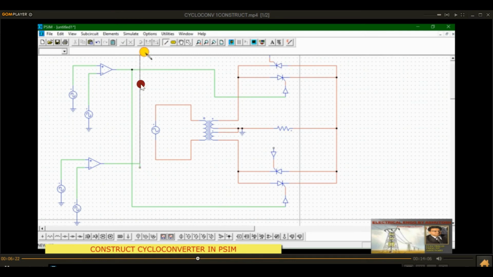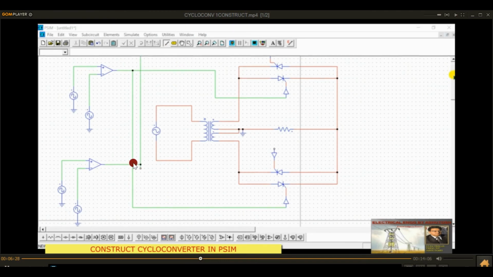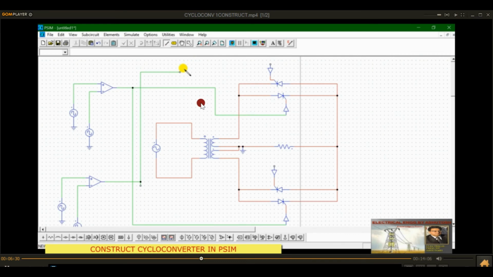So from here you can see the output of this comparator is now going to be connected to the gating block of these N1 and N2 thyristors through the on-off controller. And then see here, for N2 the same supply we will connect. This is the common point.